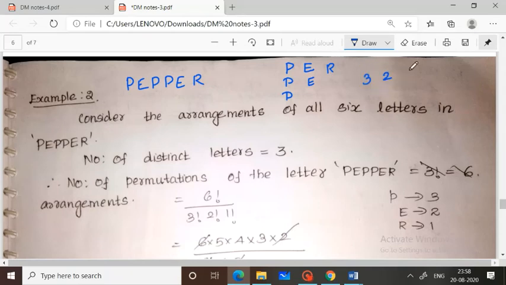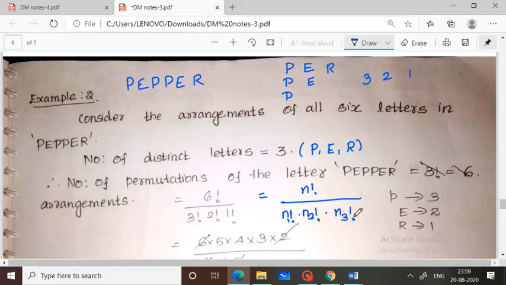3, 2, 1. Let us take first. So some letters are repeating, some letters are not repeating. So how many distinct letters are here? 3 distinct letters, that is P, E and R. So the number of permutations of the letters is n factorial divided by n1 factorial into n2 factorial into n3 factorial.